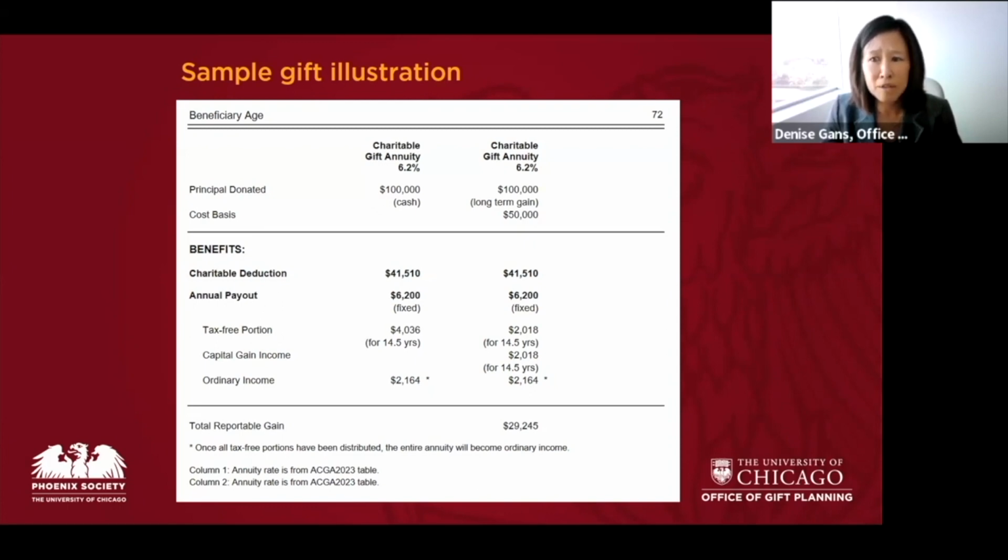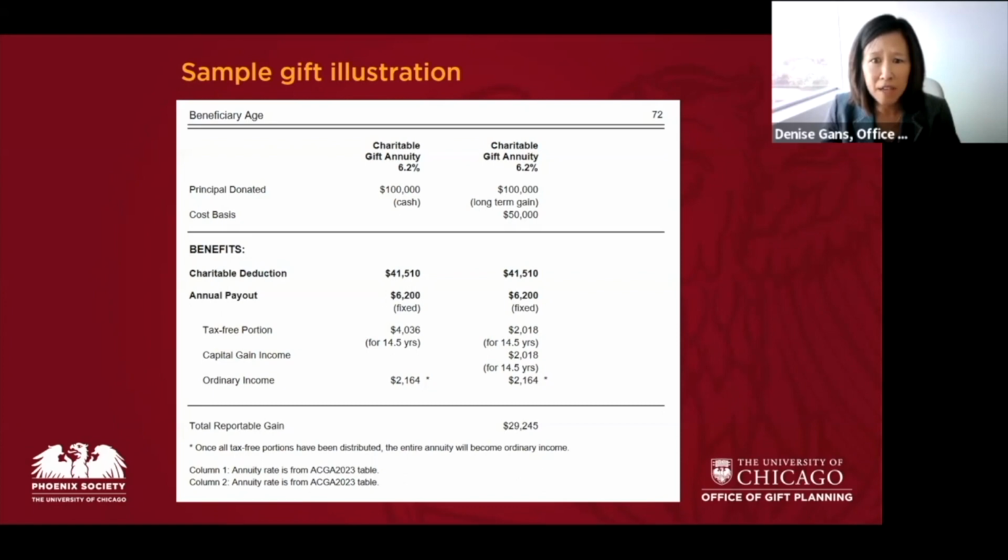And it compares the financial and tax treatment, whether the donor funds in cash or appreciated securities. So you can see that the charitable deduction and the annuity amount doesn't change regardless of whether the annuity is funded with cash or securities. However, the taxation of the payments does include that capital gain portion if funded with securities.